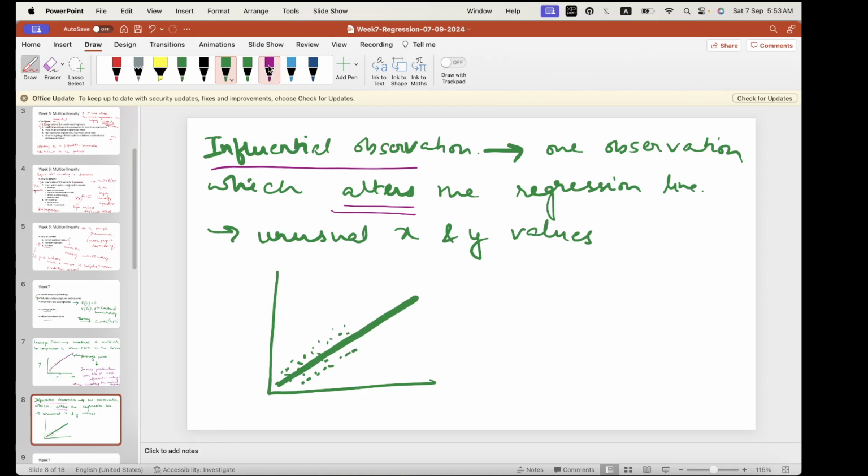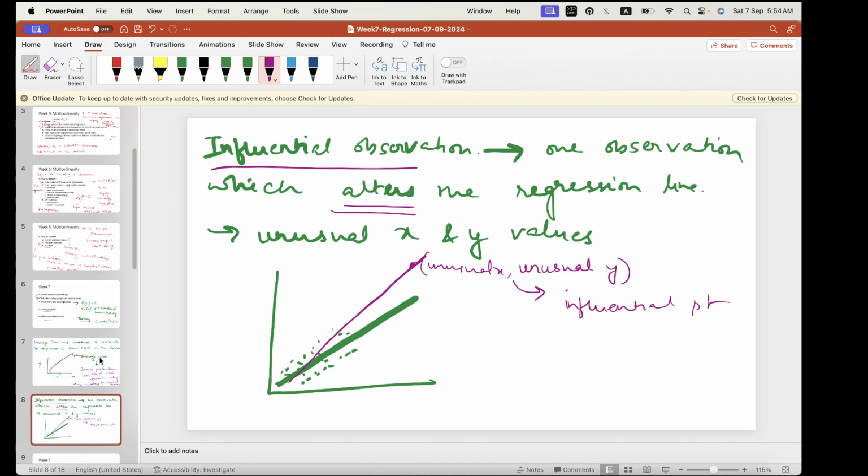But now if we have a point somewhere here, which has unusual x and unusual y, and the inclusion of this point distorts the original regression to something like this, then this one is actually my influential point.